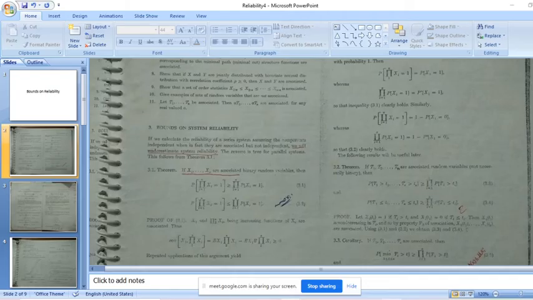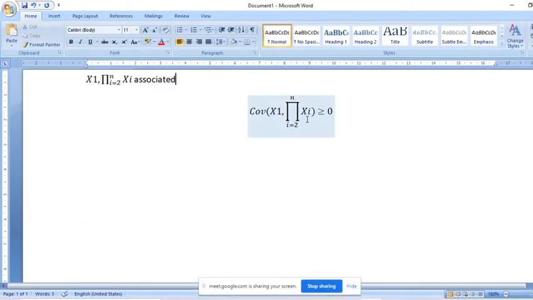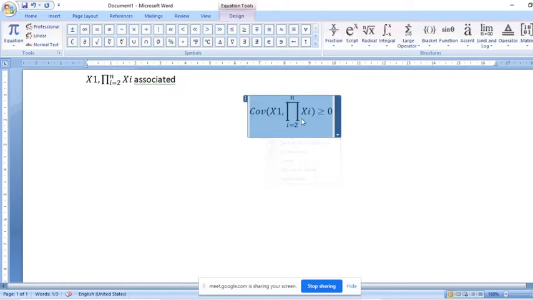Okay, so this is the definition of association. But you know what covariance is?